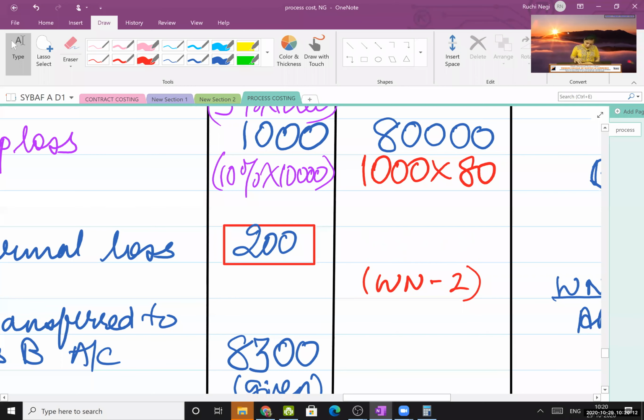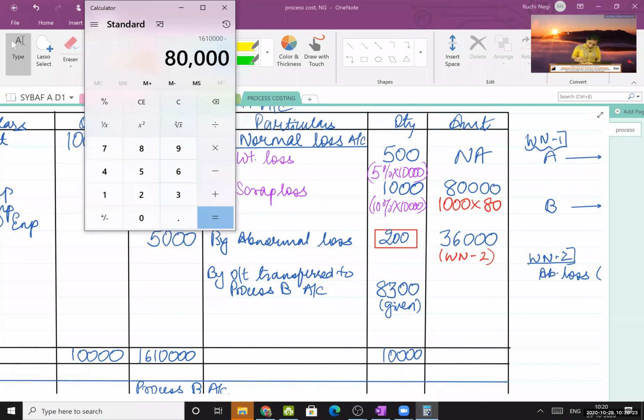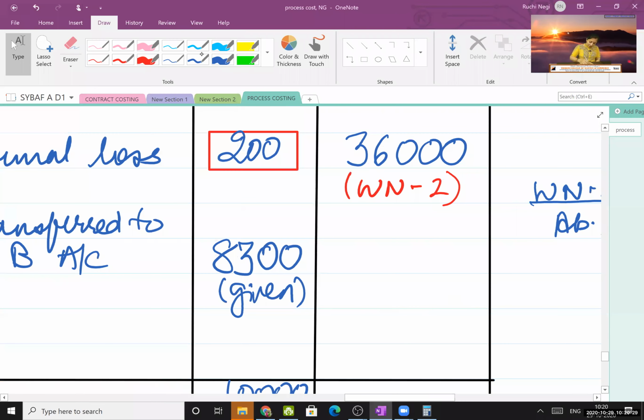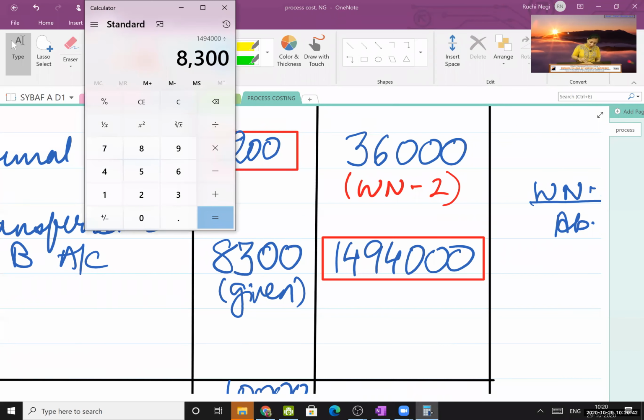Then close the amount column. 16 lakh 10,000 minus 80 minus 36. 14 lakh 94,000. Write it here. 14 lakh 94,000. Divide by 8,300.